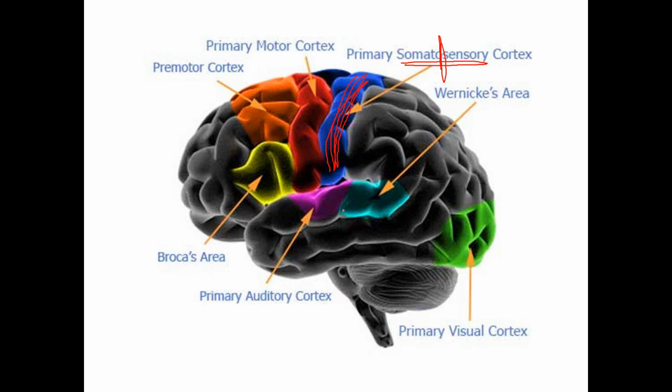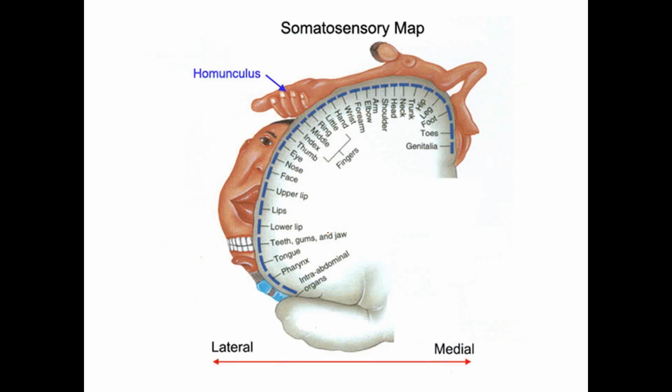If we were to take a section through this area and look at it, it would look something like this. This is the section of the brain, the somatosensory cortex. The cortex, you can see, is grey around the outside here.